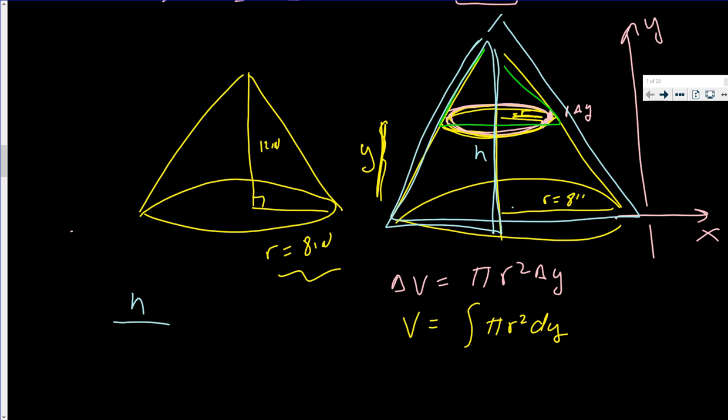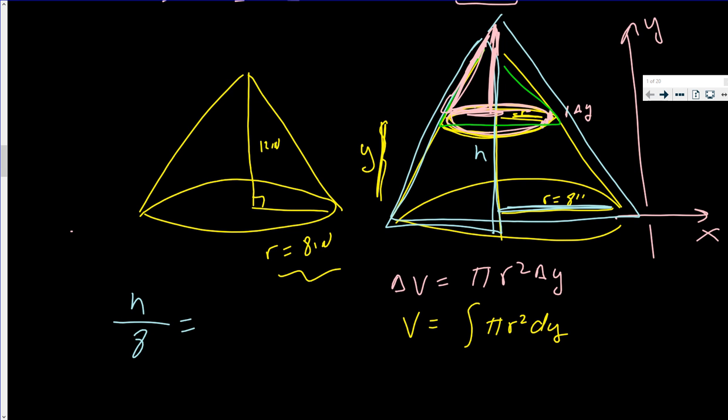And the radius is 8. But now let us look at the smaller one. Let us now concentrate on this right triangle right here.